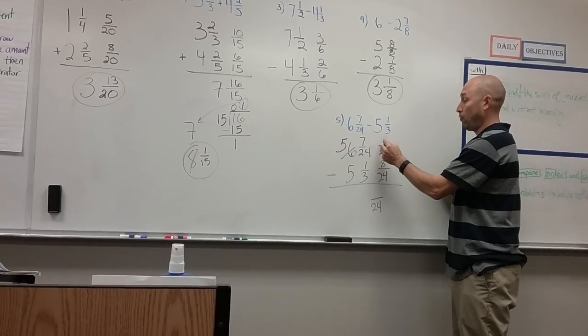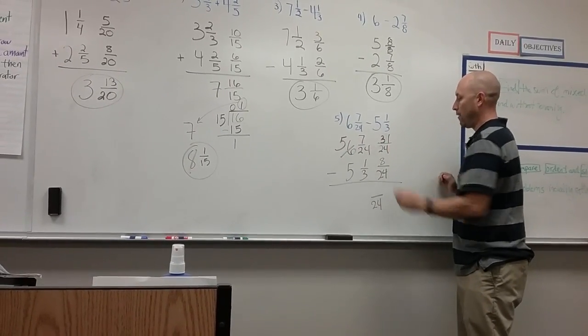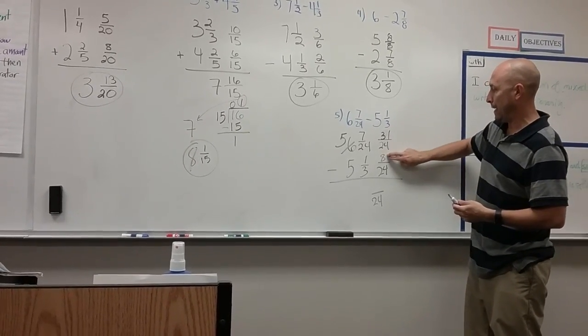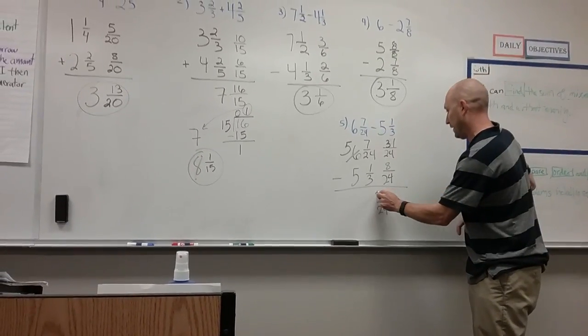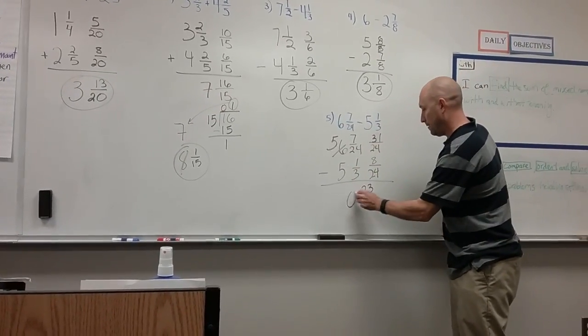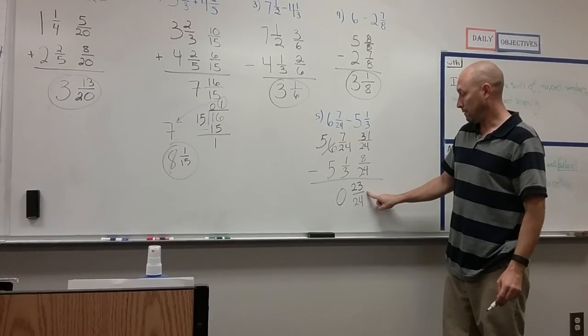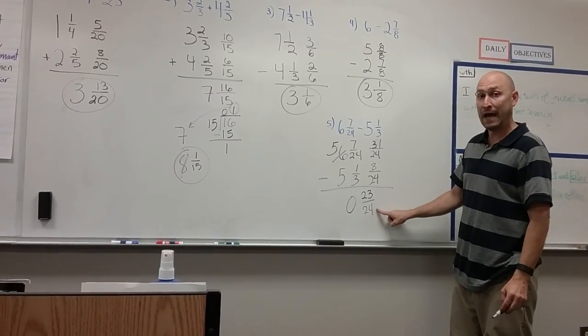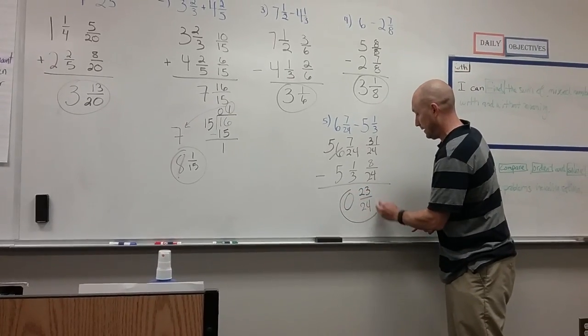And 24 plus 7 is 31. Now I can do my subtraction. 31 minus 8 is 23. And 5 minus 5 is 0. I cannot reduce this fraction anymore because 23 is a prime number and it does not go into 24 evenly.